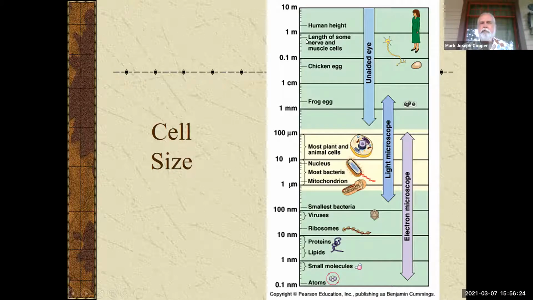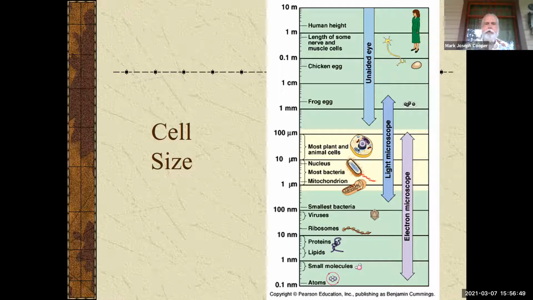And nerve and muscle cells actually push the envelope up here. So the question is why? What limits cell size? You're made out of millions of cells, so why aren't you just one big cell? Why aren't you just like an amoeba? That's a single cell organism.